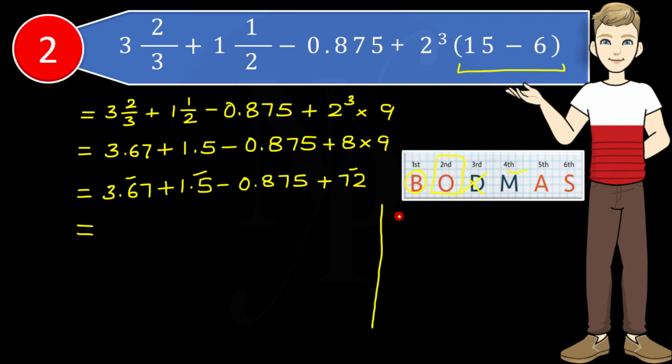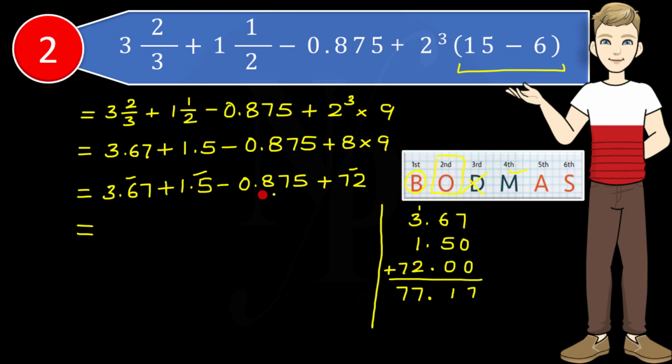I write down these numbers one below the other for addition: 3.67, 1.50, and 72.00. Let's add these. 7 plus 0 is 7, 6 plus 5 is 11, 1 is carried forward, 1 plus 3 is 4, 4 plus 1 is 5, 5 plus 2 is 7. 7 is brought down. We get 77.17.